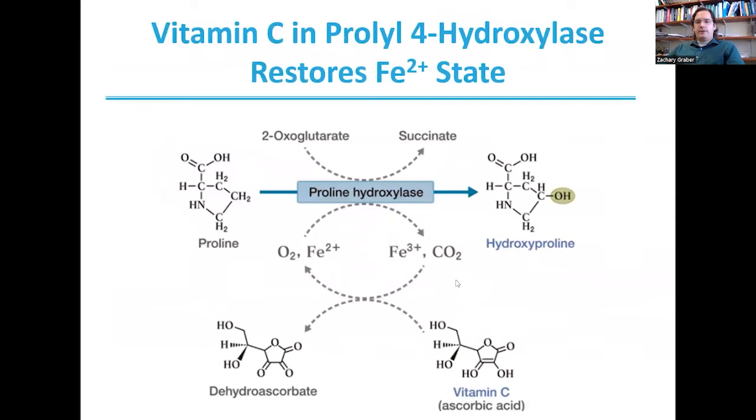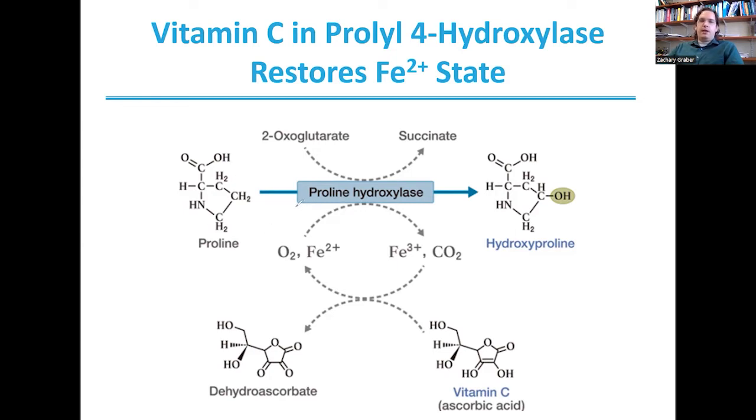So in scurvy, of course, scurvy can be treated by vitamin C. It usually occurs when you have a lack of fresh fruits and vegetables in your diet that are providing a lot of those essential vitamins, such as our vitamin C. So as we go to form our hydroxyproline in order to make new collagen, we actually have to react our normal proline in order to form this hydroxyproline.